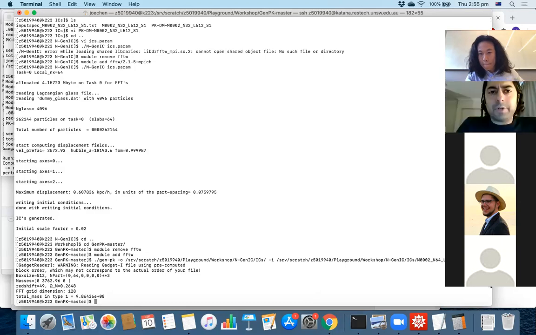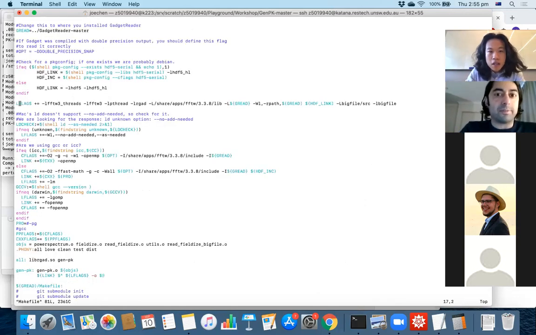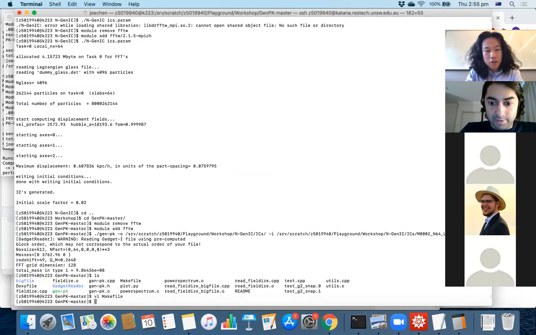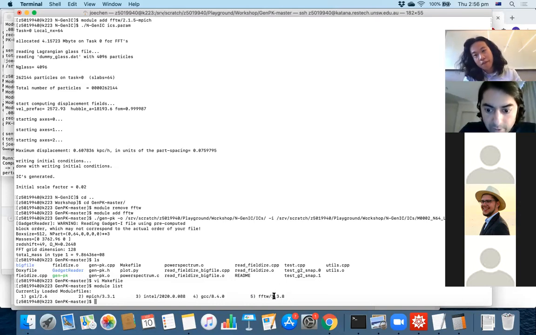One question. I tried to compile GenPK, and it can't find FFTW3. Do I have to load that module separately? Are you on Katana with the module FFTW 3.3.8 loaded? Oh no, I loaded 2.1.5. You're going to have to unload that before loading version 3.